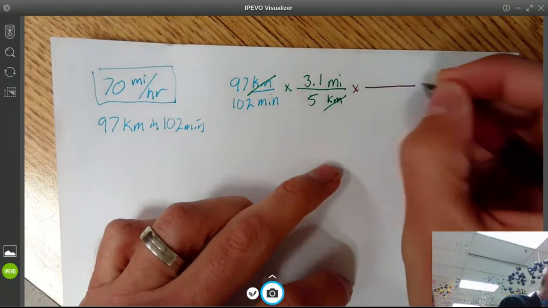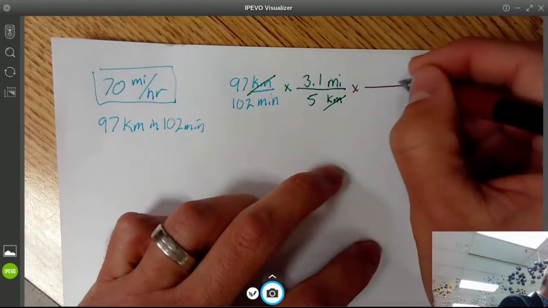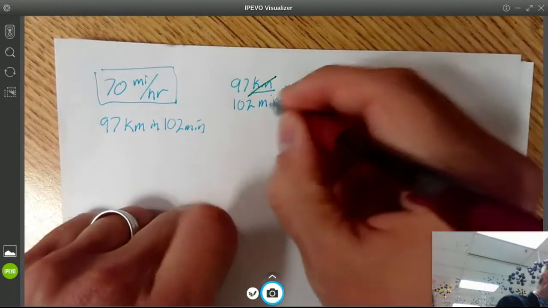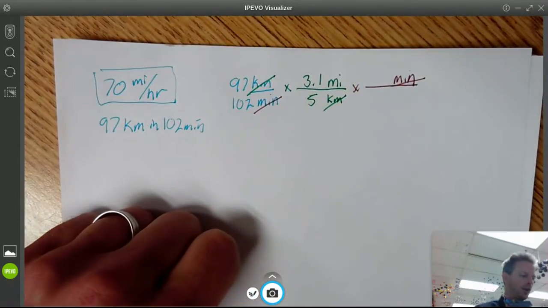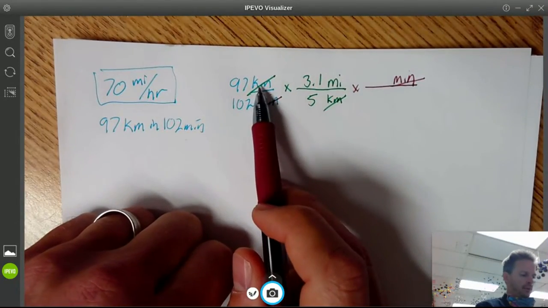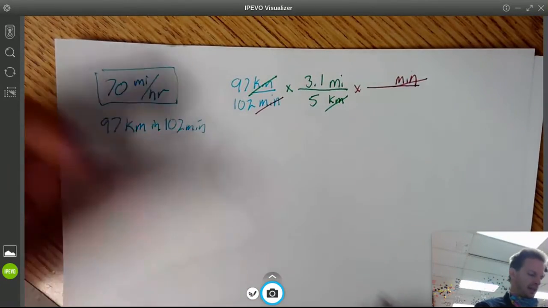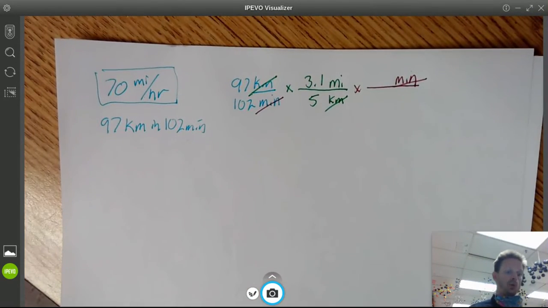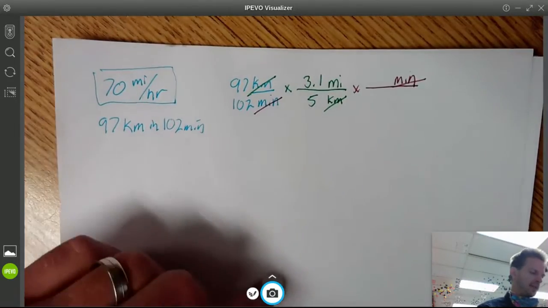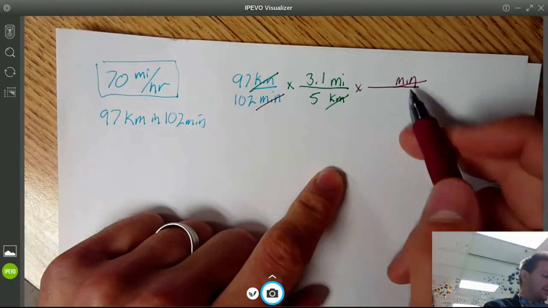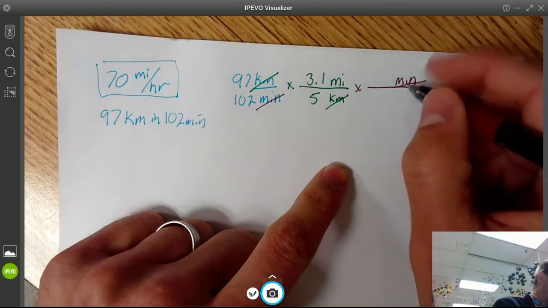And so what we need to do, the easier one, is to get rid of the minutes. Now, this is why we're doing it third: we need to get rid of minutes. And I put it on top because it's already on the bottom here. So right now, those two would cancel each other out. But we get to some of these already ratioed numbers, and we've got to deal with them in kind.